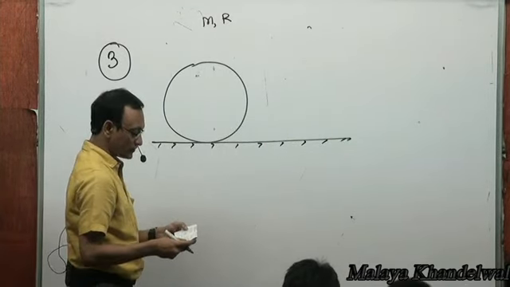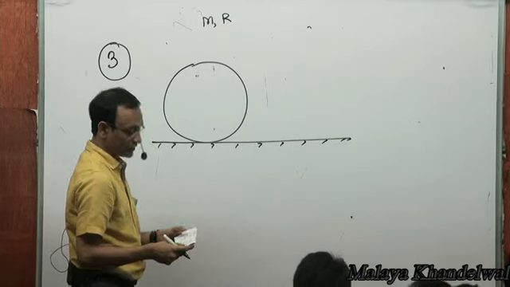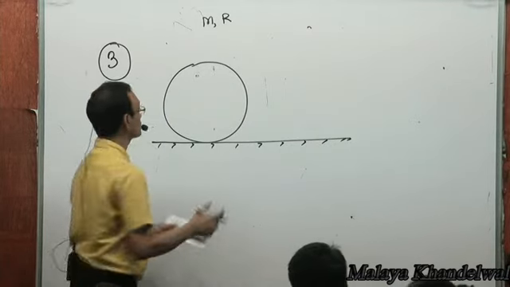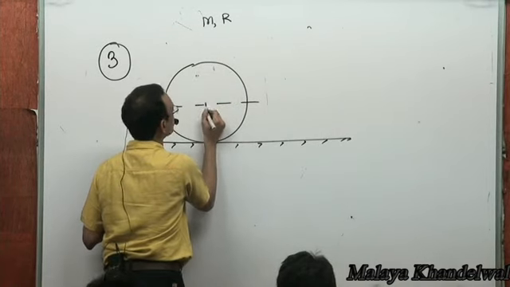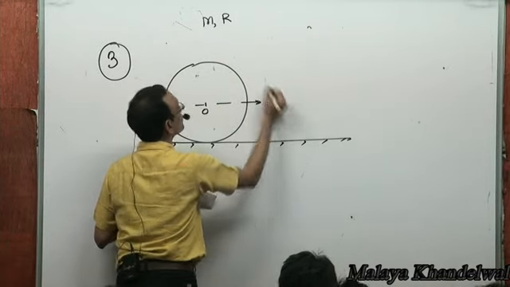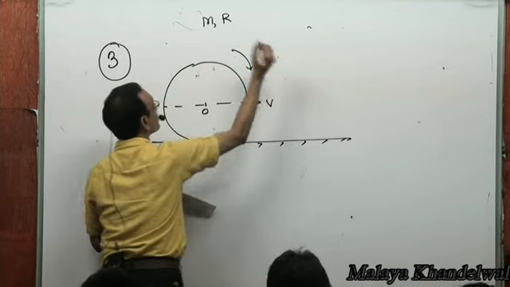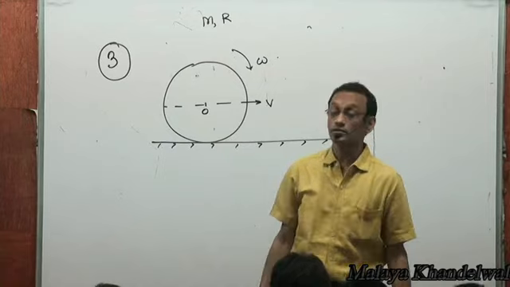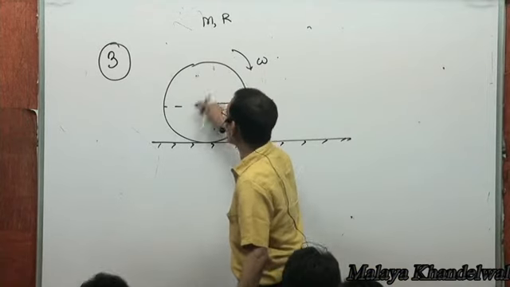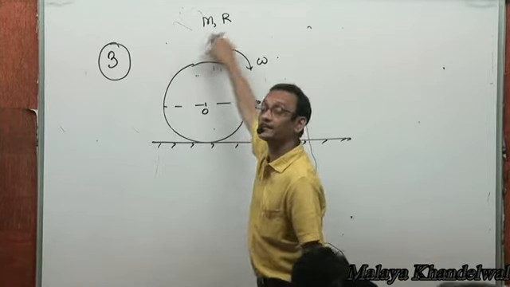We want to find the ratio of the kinetic energy of the upper half to the kinetic energy of the total disk. Say if this was the center of mass O, and this is V, and this was omega, we want to find the kinetic energy of the upper half of the disk to the total kinetic energy of this.